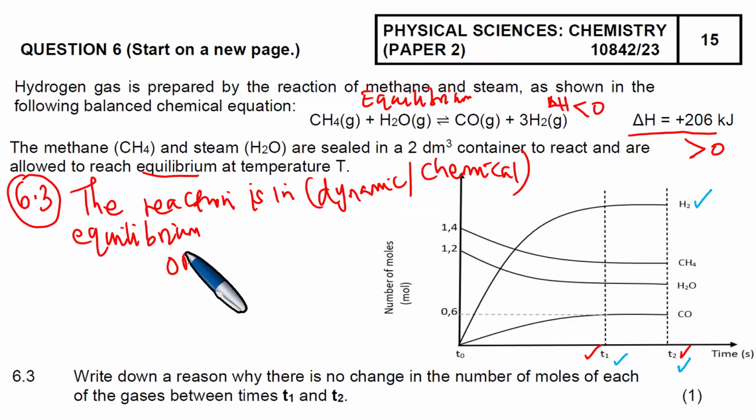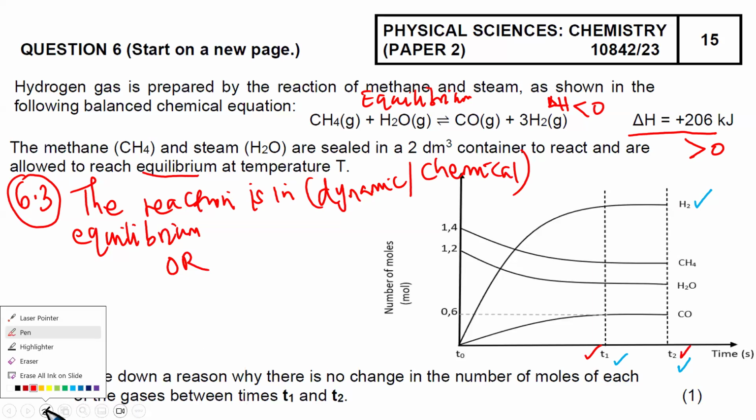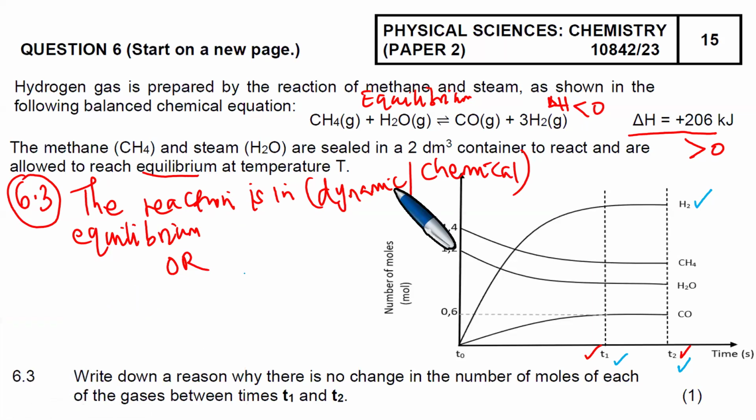Another learner is going to come and say, I don't like saying the reaction is in dynamic equilibrium. I don't like saying the reaction is in chemical equilibrium. I don't like using these words, but I'm a learner who likes saying the rates.